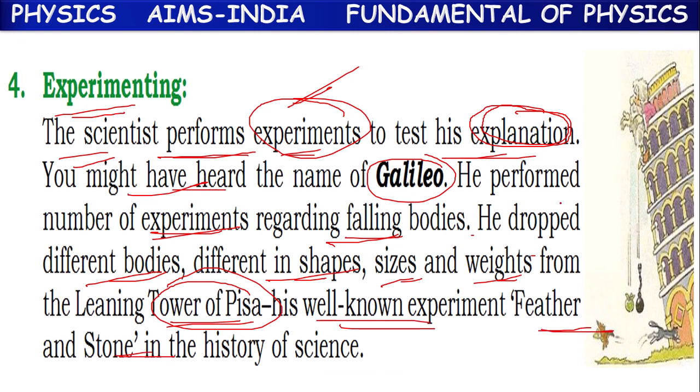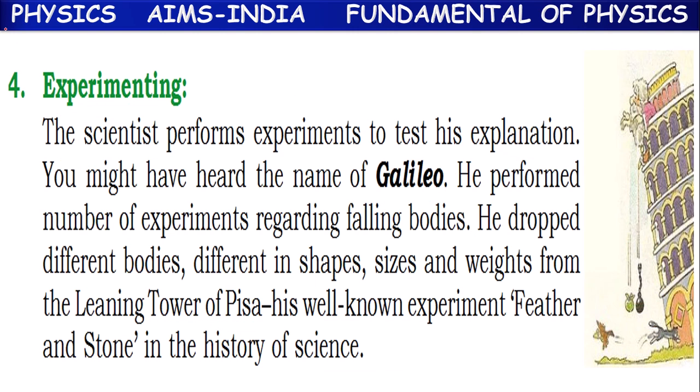He dropped both the feather and the stone at a time, and he observed how they fall onto the ground. Based on that, he proposed a theory. So before giving an explanation, scientists do so many kinds of experiments.